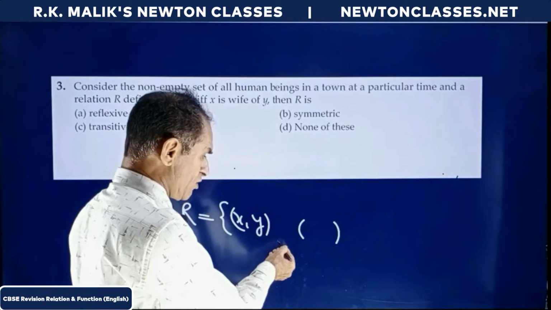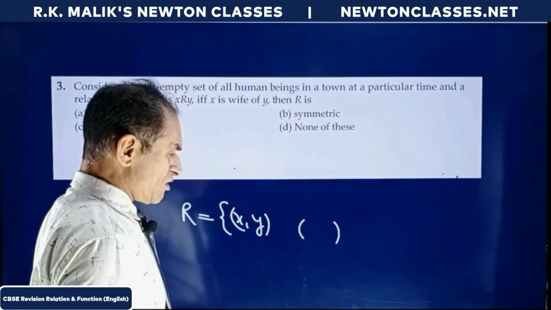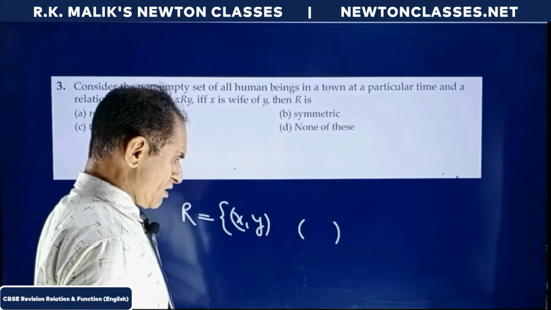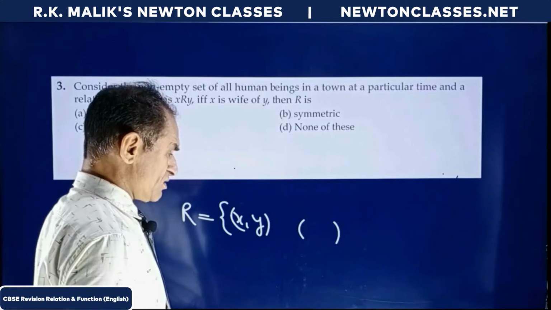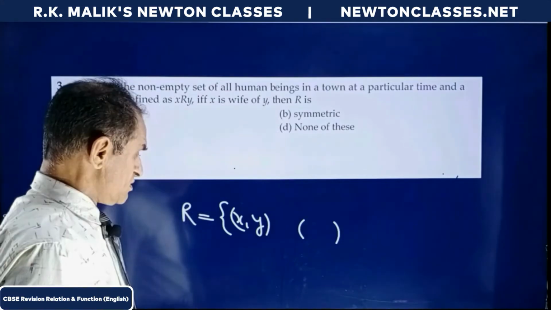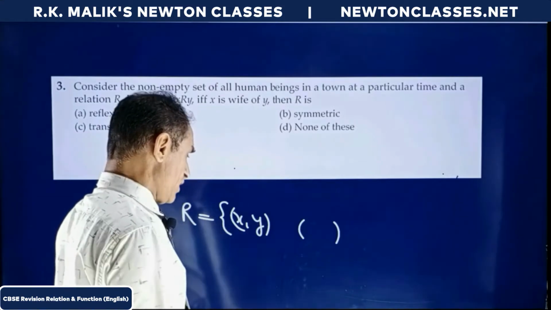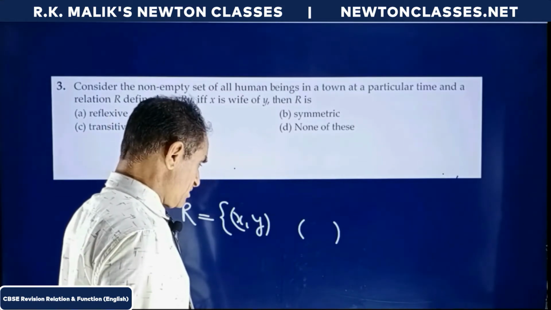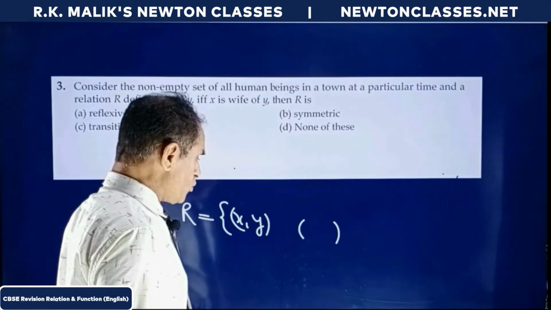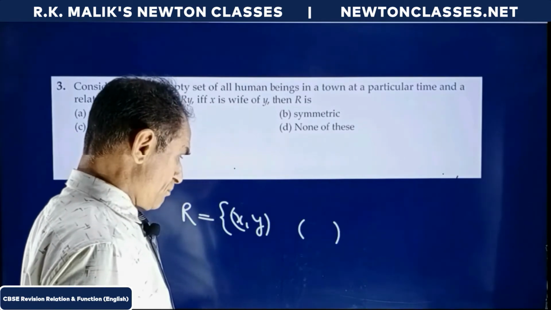Hence (X, Y) cannot combine with any other ordered pair. That is, in R no two ordered pairs can combine.